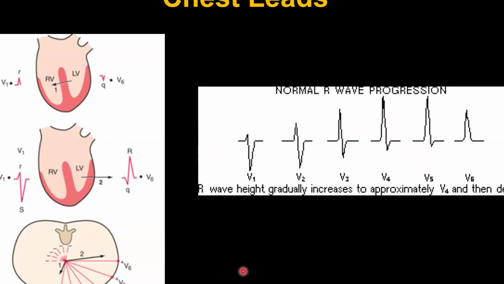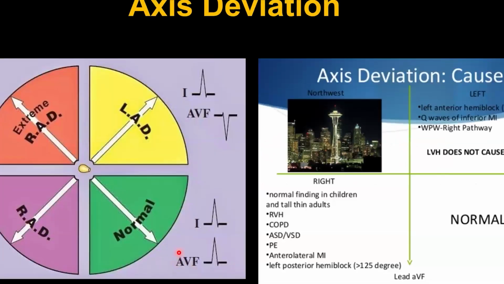it diminishes. You can calculate axis in the frontal plane with the limb leads by using leads 1 and AVF. Those are the easiest ones to use because they are perpendicular.